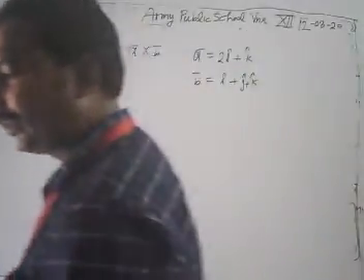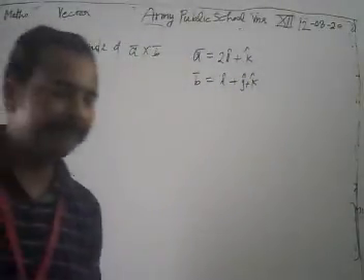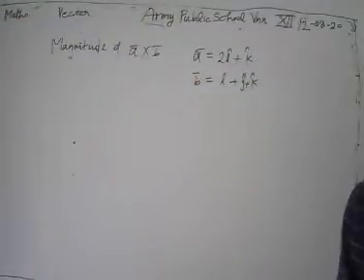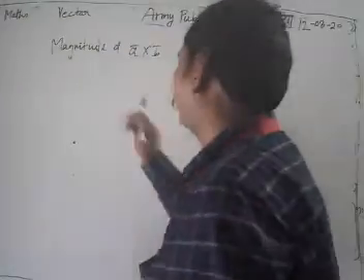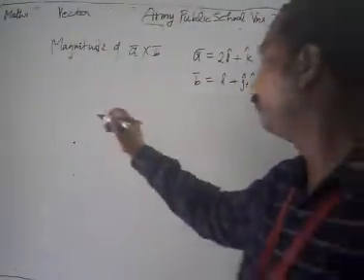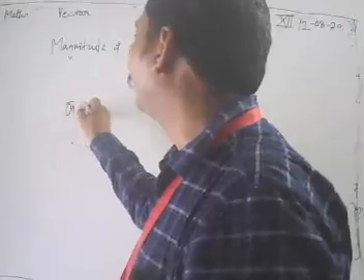In our last classes we saw how to express the vector cross product in determinant form. To find the magnitude, we first have to find the vector cross product. So how do we get vector A cross B?